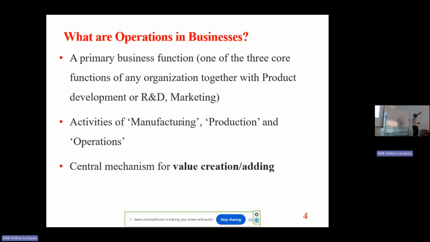Other competing organizations also produce products. Customers would prefer products with higher value, more features, higher quality, right? So you can expect higher revenue and higher profitability because of the higher value you create. So that is why operations are important.